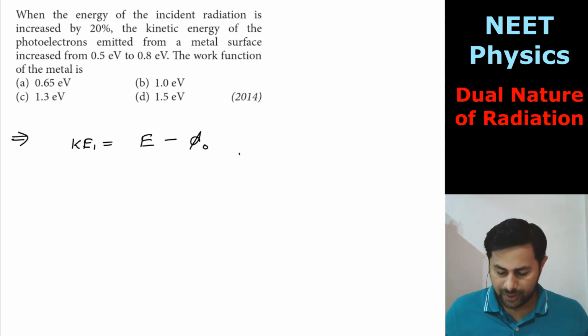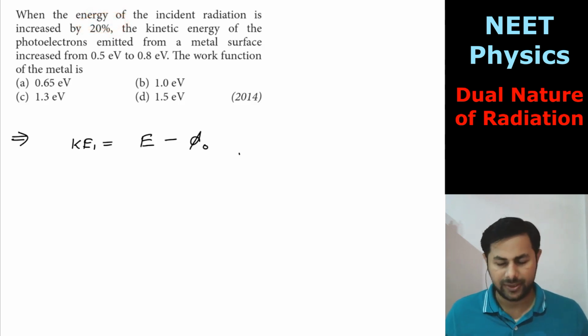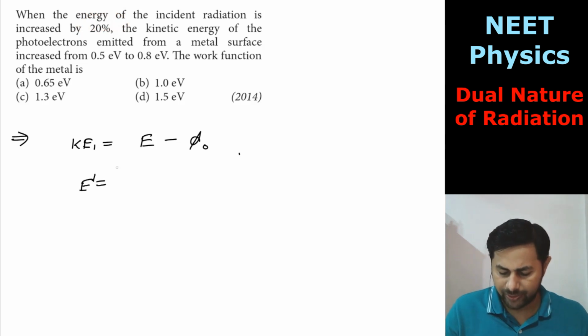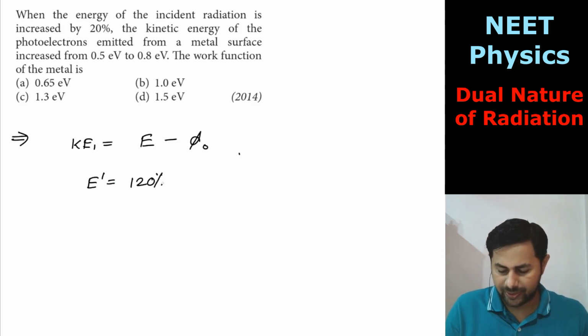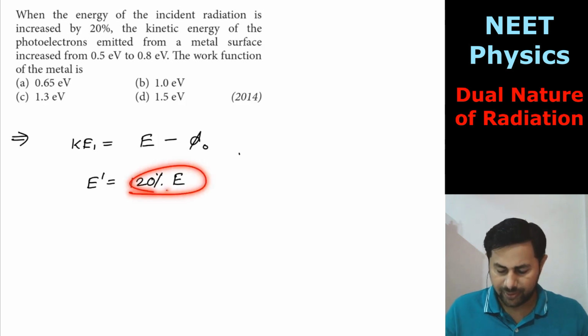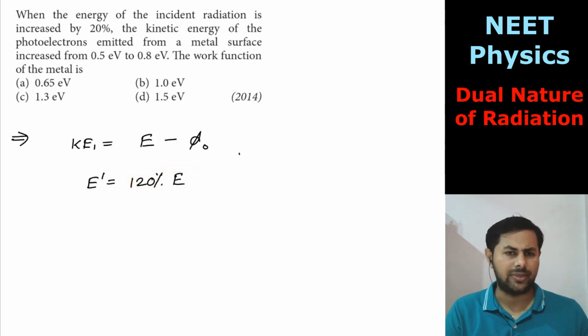Then it is increased by 20%. If it is increased by 20%, what would be the value of E? I can say E prime would be 20% extra, so 120% of E, that is 1.2 times E.